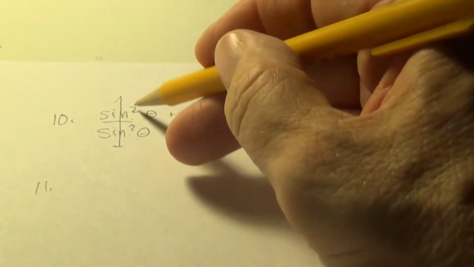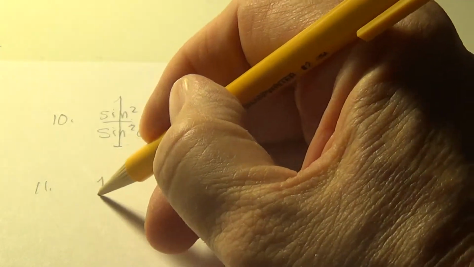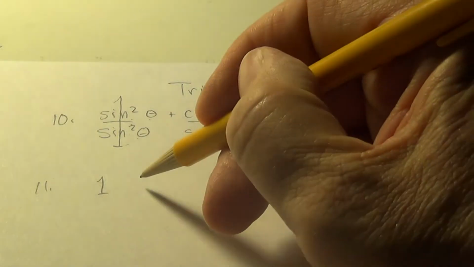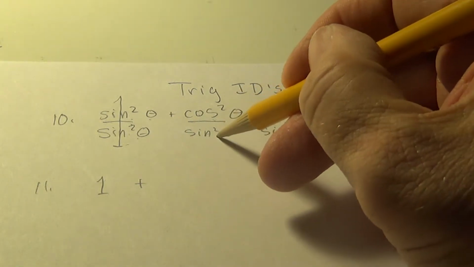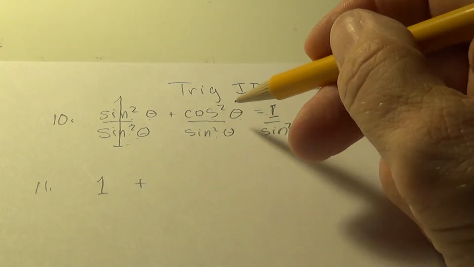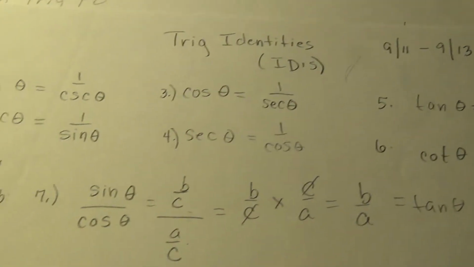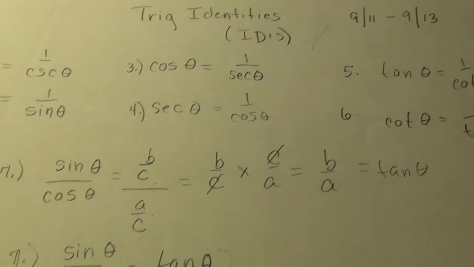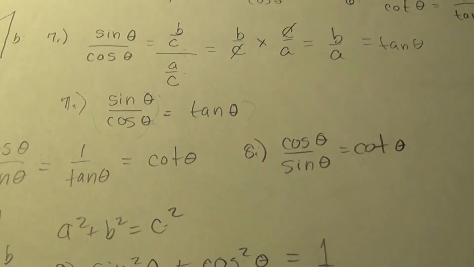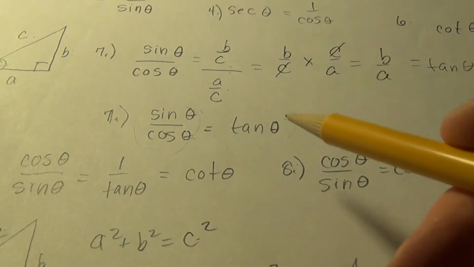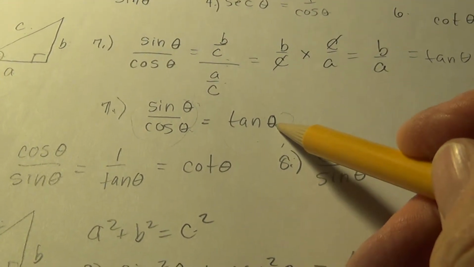So number 11, this becomes 1, and then I have here cosine squared over sine squared, and just cosine over sine is a trig ID from our other paper. Let's see if I can find it. Hang on to your seats. Sine squared over cosine squared. There it is. Number 7 is tangent.